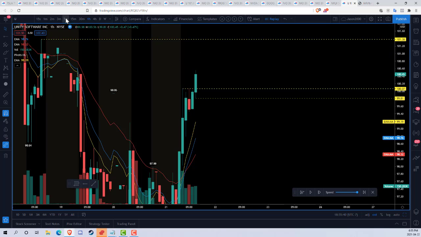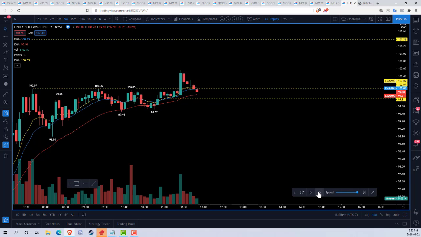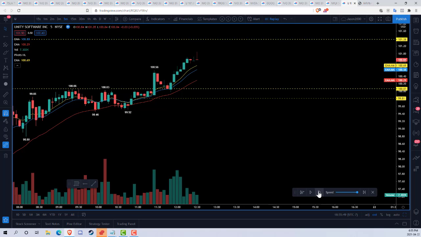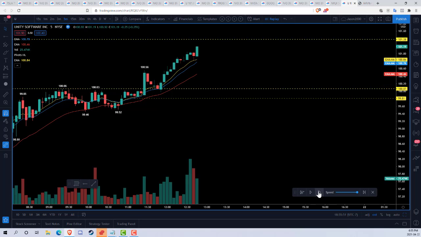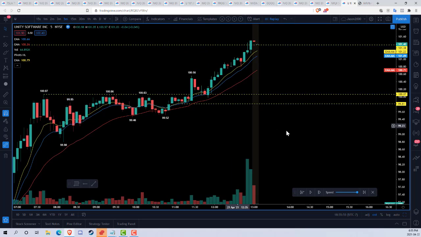I had no intention of carrying this into after hours or the next day, so I scale into my entry and I'm watching this develop. And I do take about half of my profits right about here as bulls start to slow down a little bit. And then as we get into the end of the day, right before the bell, I take the rest of my profits.